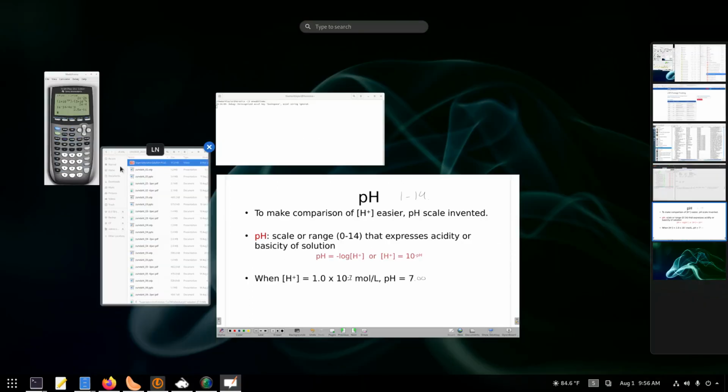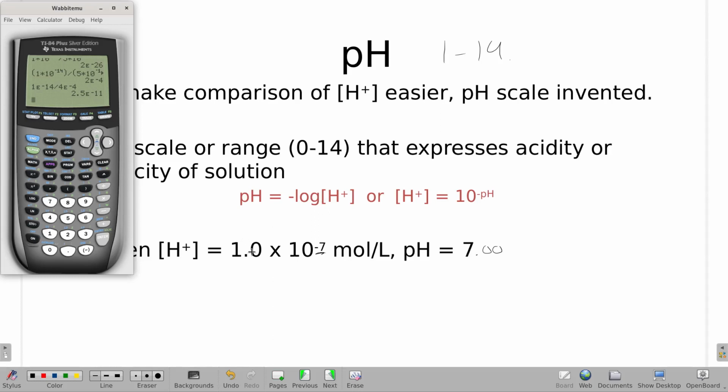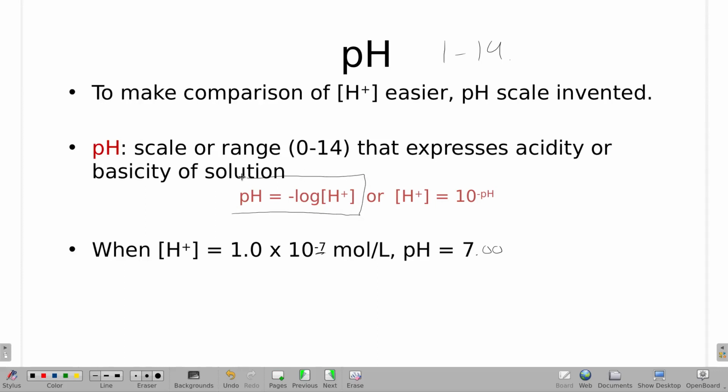It's the log button on your calculator of the H3O concentration. So if I were to do log of 1.0 times 10 to the negative 7th, I get negative 7. So the actual equation we use is that. We flip the sign though.